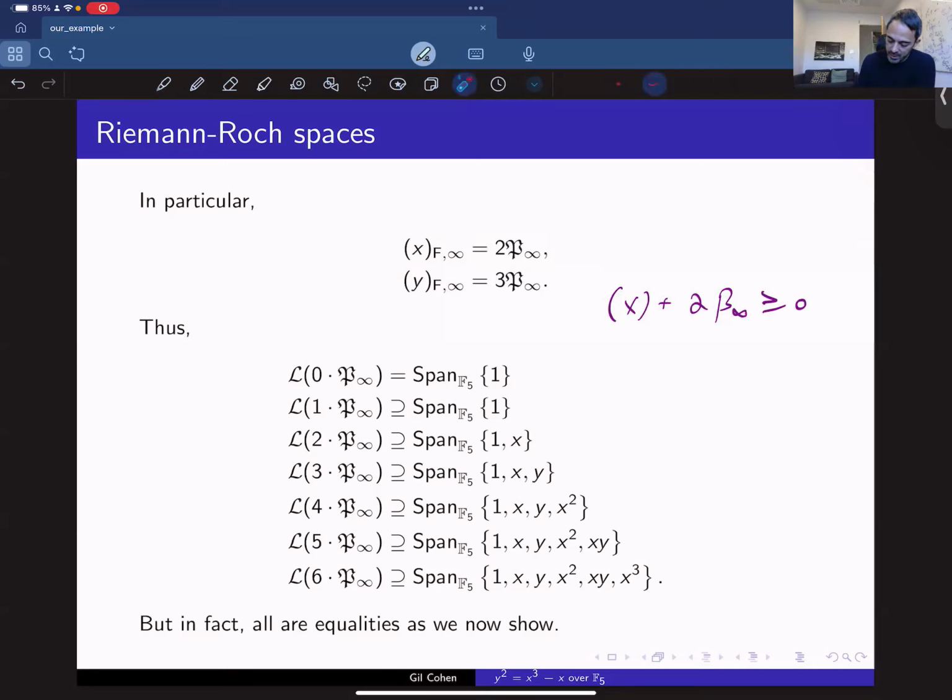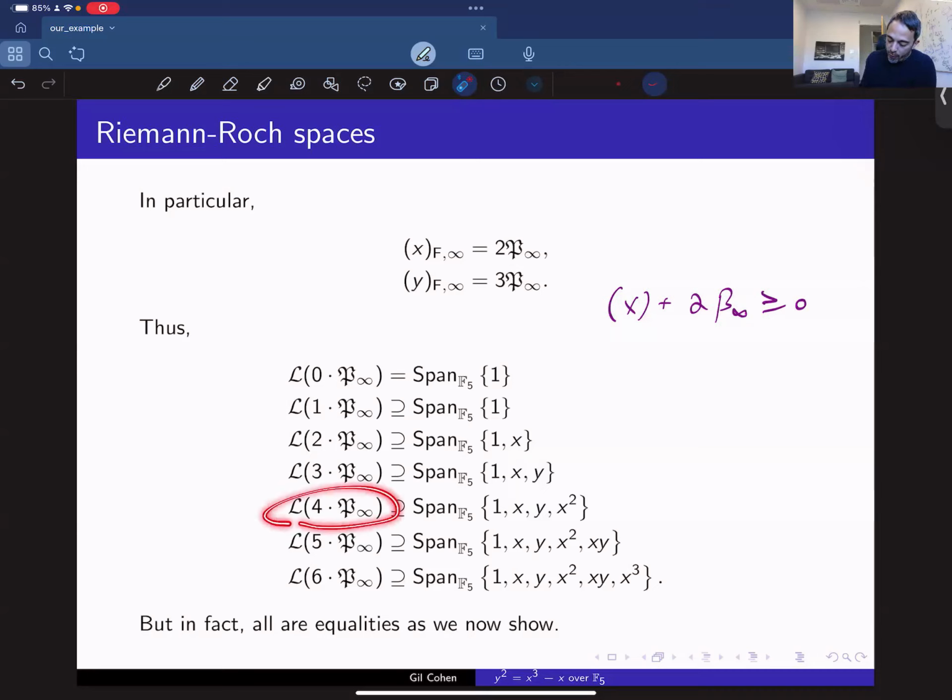That's important. And if you allow for more, so you increase the divisor to 3 times p infinity, then you also get y. Right? And of course, it's clear that x and y are independent, and x and 1 are independent, and so forth. Because if they were linearly dependent, it would still be in F5 of x, the rational functions.